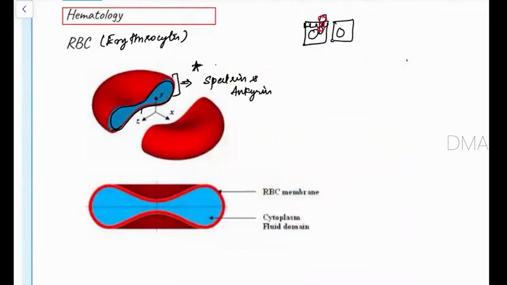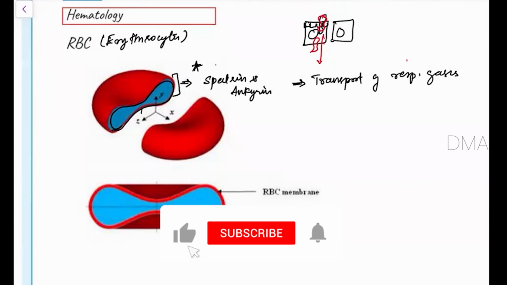Because of this biconcave shape, it will easily go from one side of the membrane to the other side, because what are the major functions of RBCs? RBC is mainly responsible for the transport of respiratory gases. So RBC should have the structural stability to move in between the cells to perform this transport mechanism.